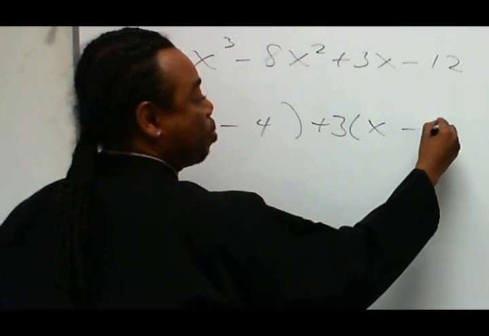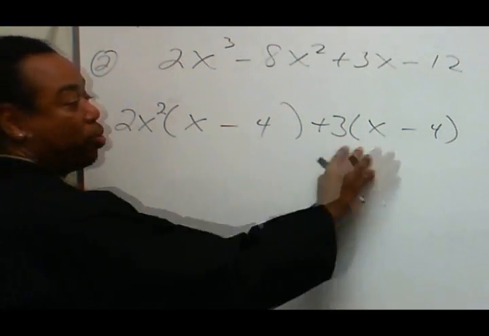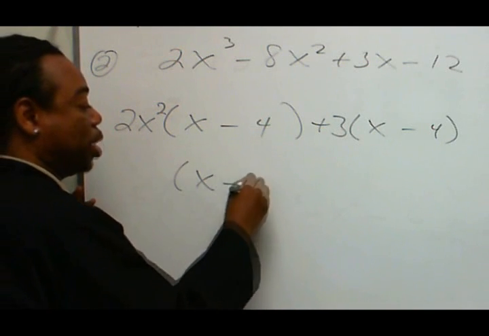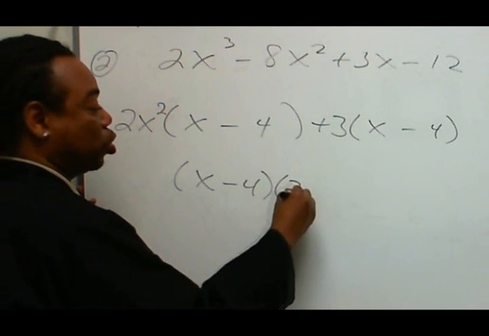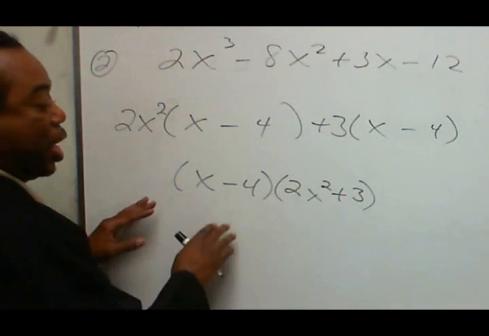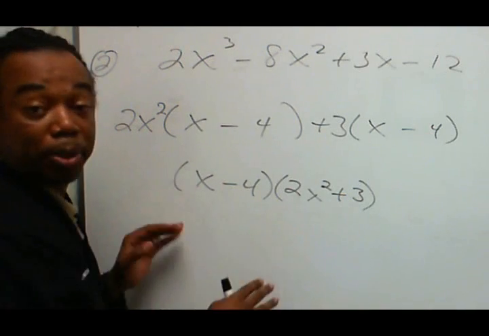So this used to be a 3 times x minus 4. Now the greatest common factor of these two is the x minus 4s. We'll take those out. So this used to be x minus 4 multiplied with a 2x squared plus 3. And these two binomials is what this used to be before multiplication.